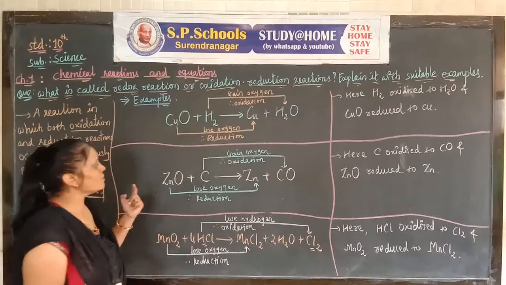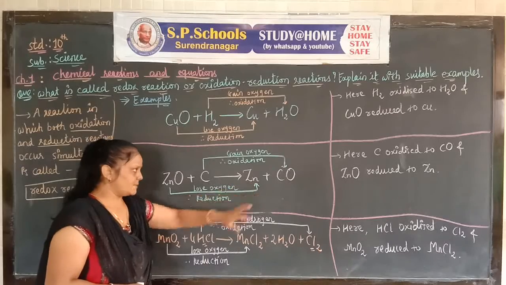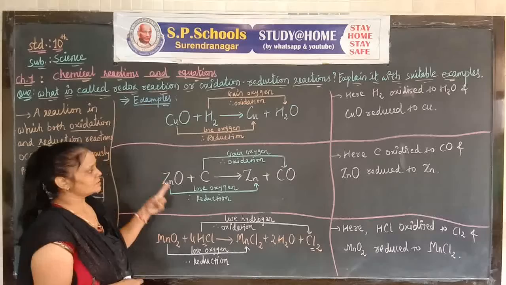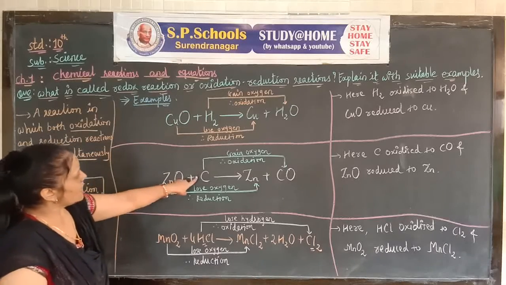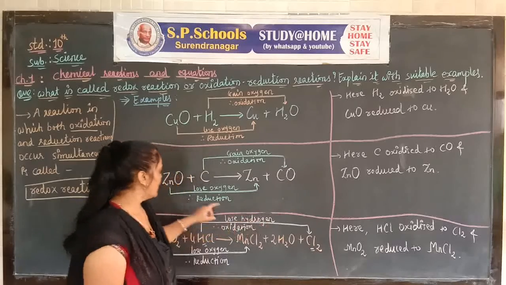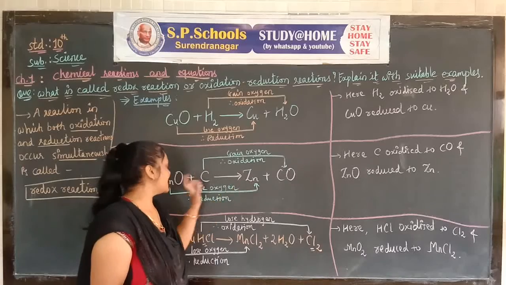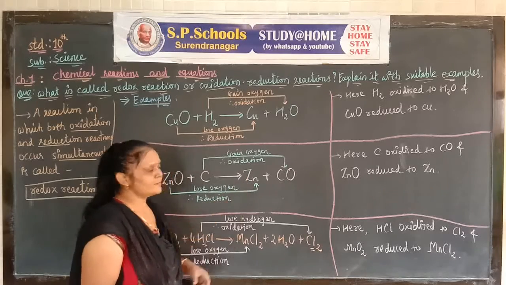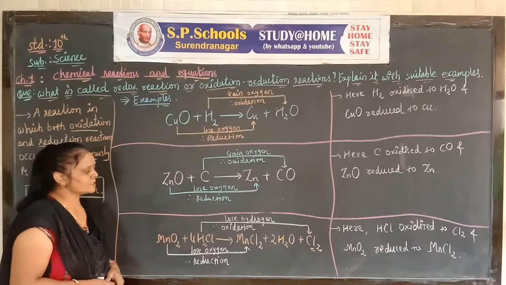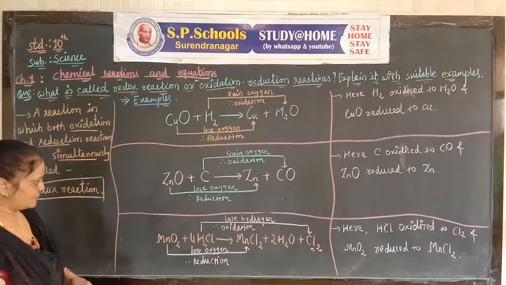Second is ZnO plus C gives us Zn plus CO. In this reaction, carbon is oxidized to form carbon monoxide, and ZnO is reduced to form Zn. MnO2 plus 4HCl gives us MnCl2 plus 2H2O plus Cl2.